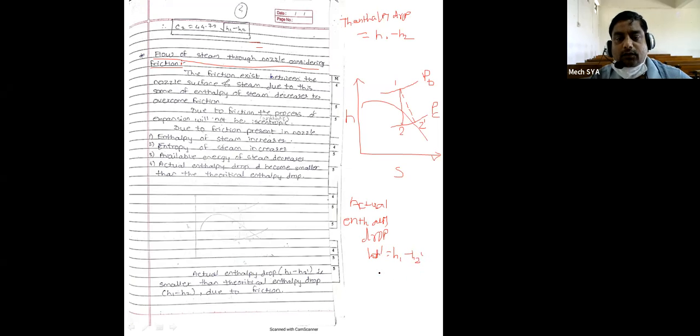Definitely H1 minus H2 dash is smaller than H1 minus H2.